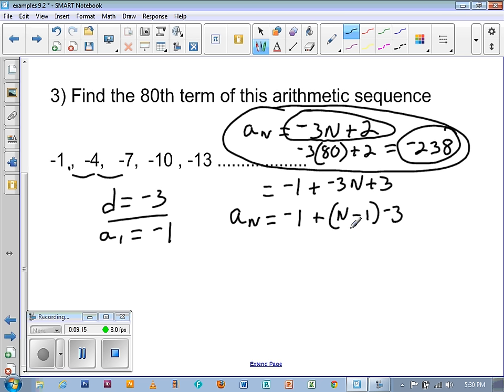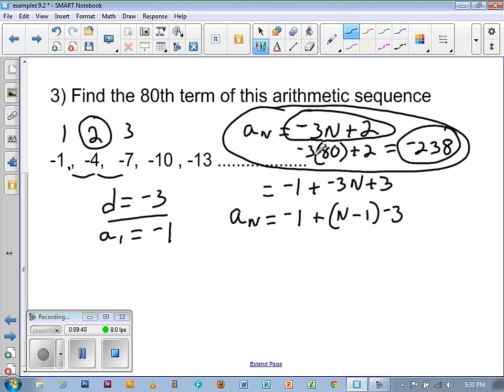So let's check it. If, let's say, I put the first term in for n, I'll get -3 plus 2, which is -1. If I put the second term in for n, excuse me, we're putting 2 in, not -4, 2. So that's a -6 plus 2, which is -4.